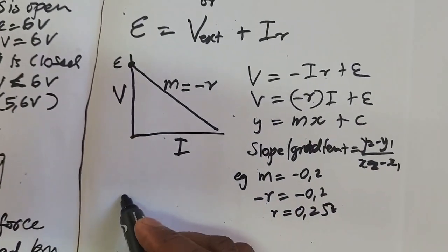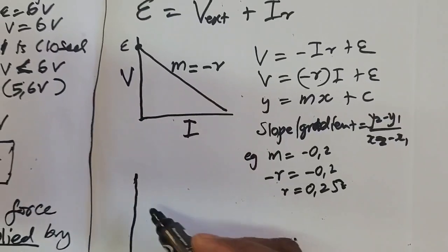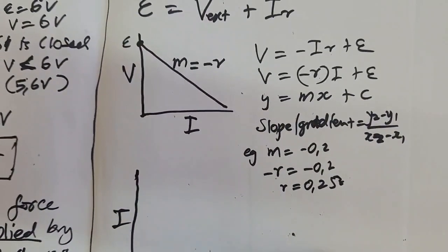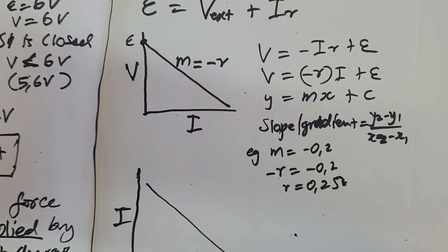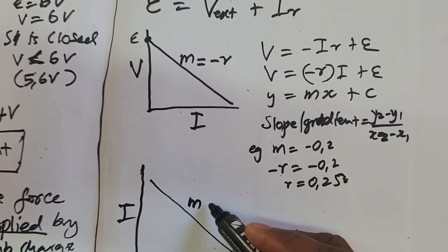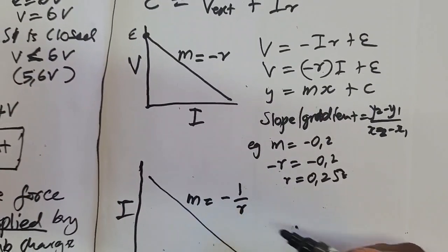The second graph is where you swap the axes. Then the slope will be negative 1 over r.